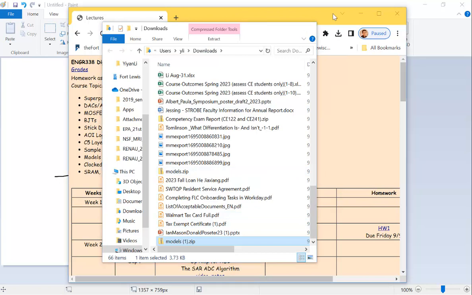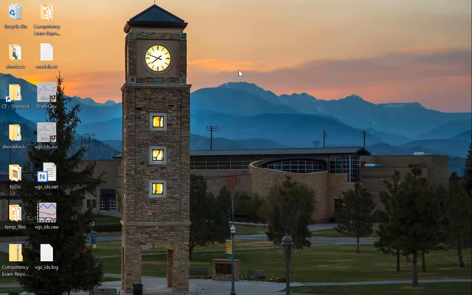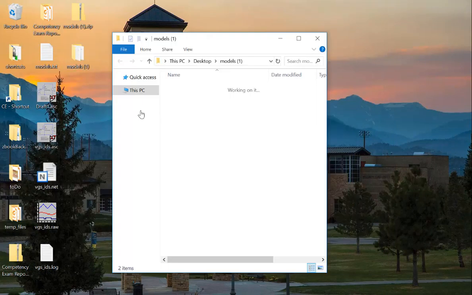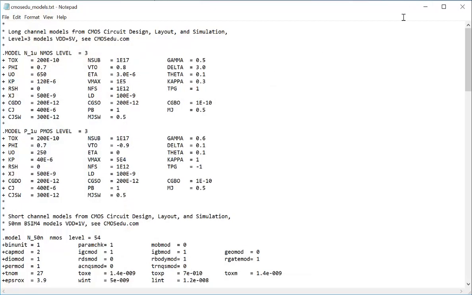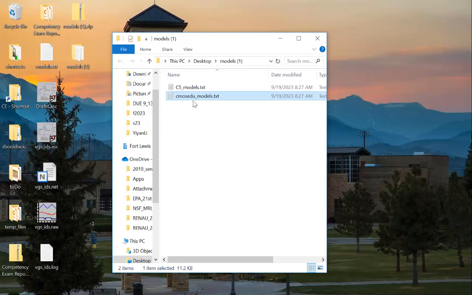Yeah, thank you. Let me see if that's a model. And it's both of those files? Okay, so C5 is the one used for the lab. And this one is a model file from the book. Okay, the same one that I'm using right now. Because every time I have to type cmos.edu.models. So I just delete this and just use models.txt.